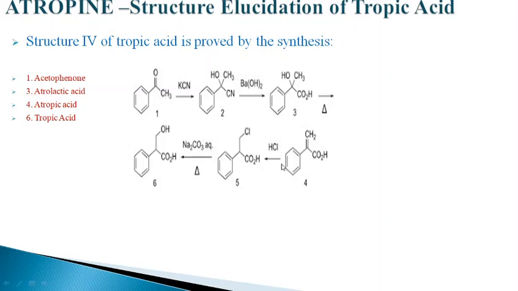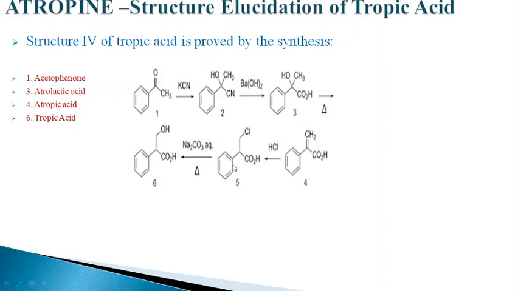This atropic acid, on treatment with HCl in the presence of ether, gives compound 5, a chlorination. Here the addition of HCl took place contrary to Markovnikov's rule. If HCl had added according to Markovnikov addition, we would again get atrolactic acid. But this has added by anti-Markovnikov addition, because compound 4, atropic acid, is an unsaturated acid.